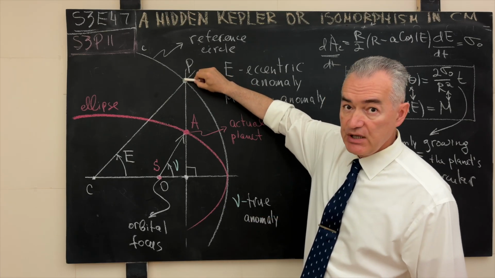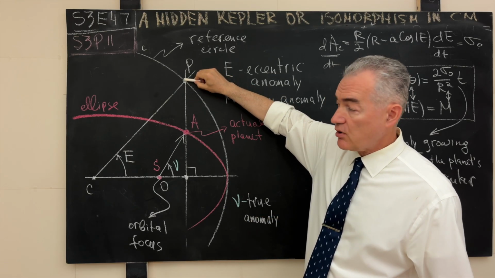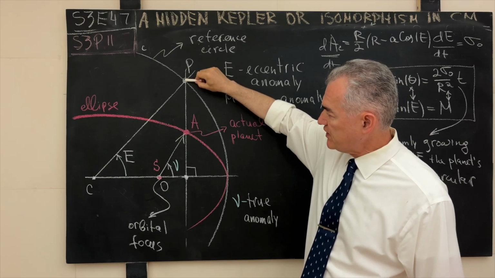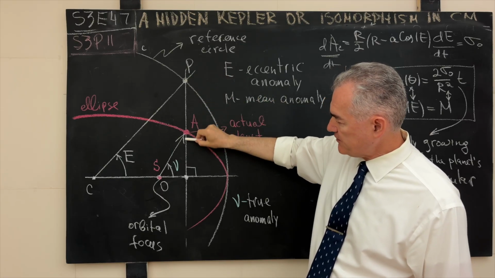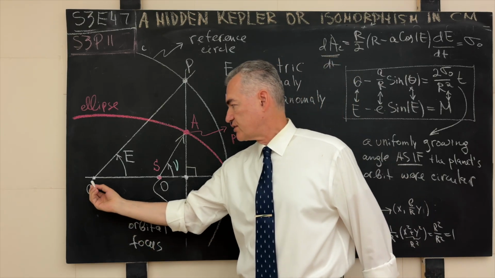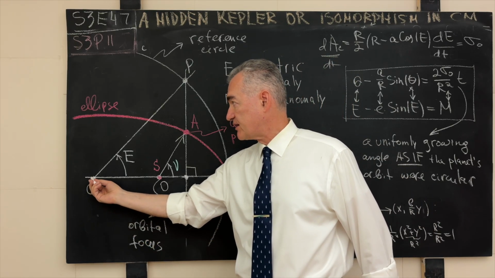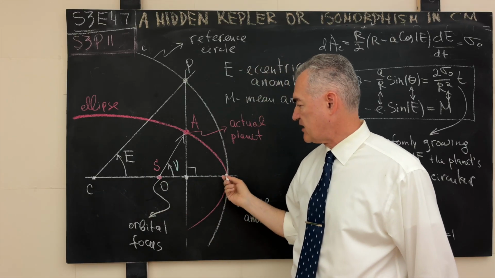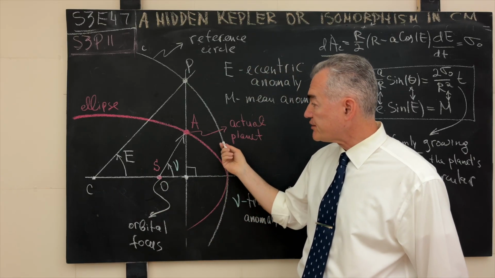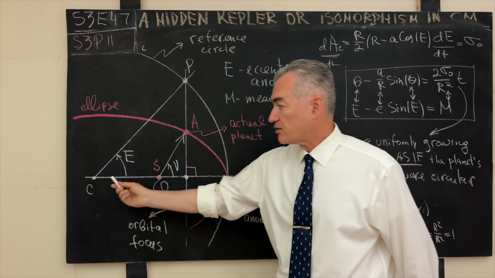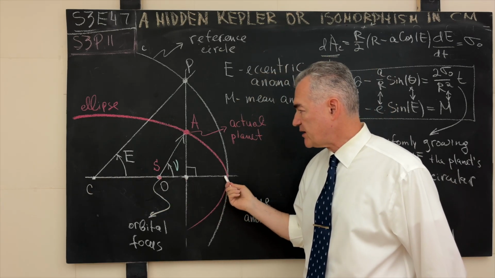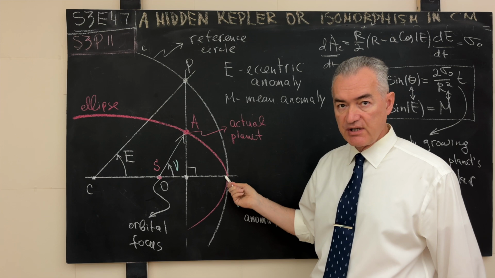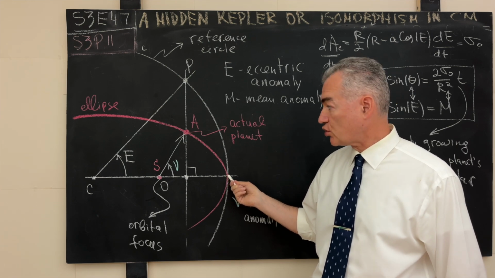From this point P on the circle, which we know how this point moves now, we drop a perpendicular onto the straight line that connects the center of this ellipse and the center of the circle. Notice that the ellipse is origin centered, and this circle is origin centered, and the large semi-axis of this ellipse is equal precisely to the radius of this bounding circle.